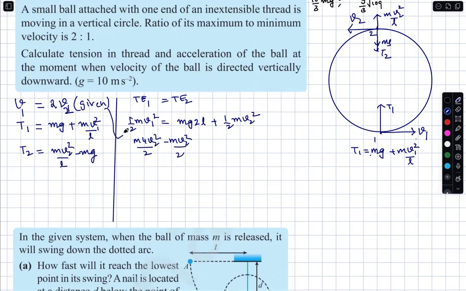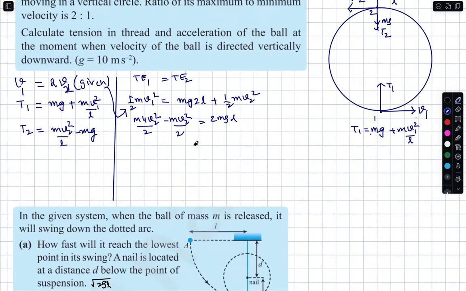I'm just using this relation over here. So 3v2 square is 4gl, which implies v2 is root 4gl by 3.